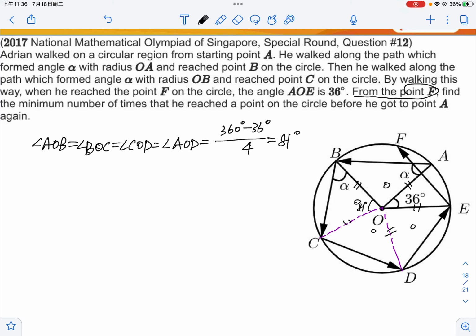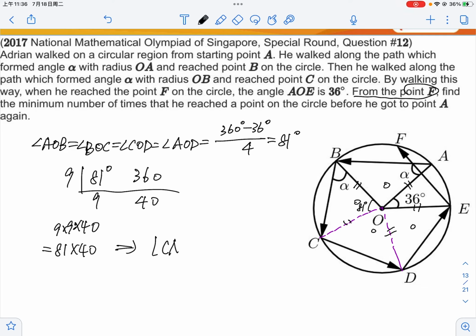So we only need to find out the LCM of 81 degrees and 360 degrees. Use the white ladder method. It will be 9, 9, and 40, which means 9 times 9 times 40. 81 times 40 will become the LCM of 81 and 360.